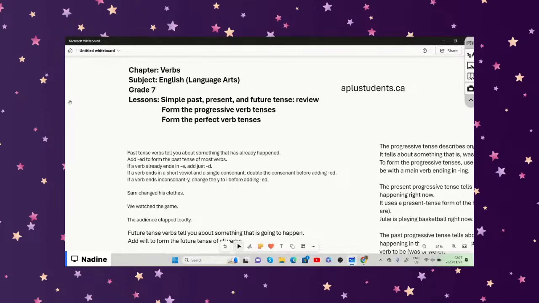Then we're also going to form progressive verb tenses as well as perfect verb tenses. We are doing our tutorial lesson on aplusstudents.ca.